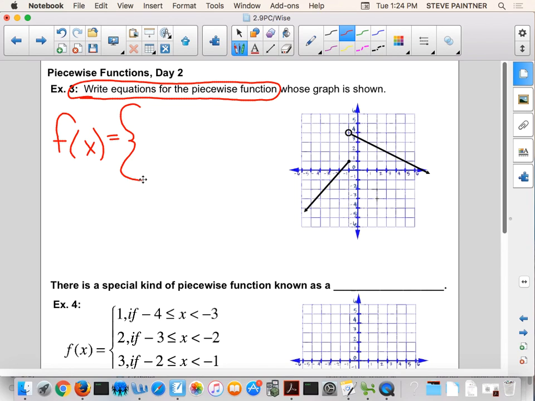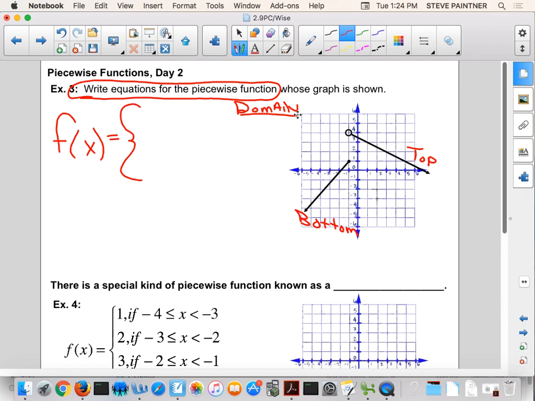Can we call this function the top function? Yeah, just give it a name. That's the top one, and this is the bottom. Okay? So if that's top, that's bottom. Give me the domain that works with the top.